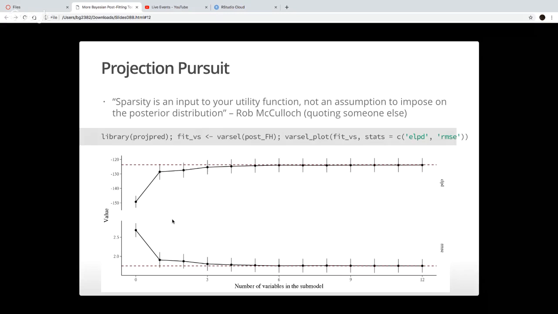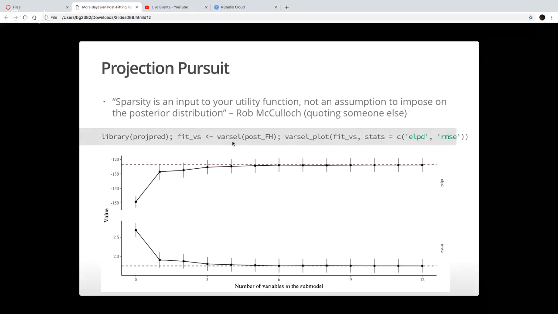Or, my boss doesn't know anything, and so explaining a complicated model to him would take a month. So can I get away with a simpler model that's going to be almost as good? That sort of utility calculation is what's behind this idea of the projection pursuit approach implemented in the projpred package by Aki and a bunch of his postdocs and grad students and whatnot.